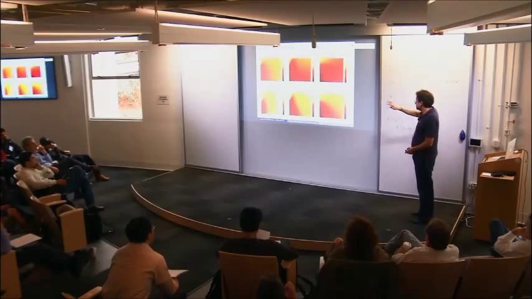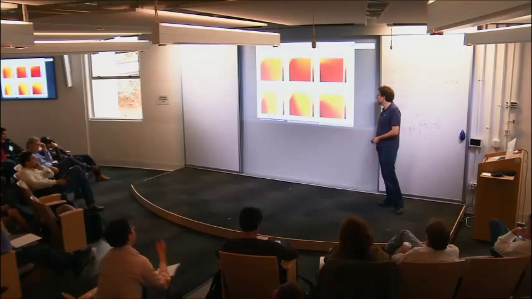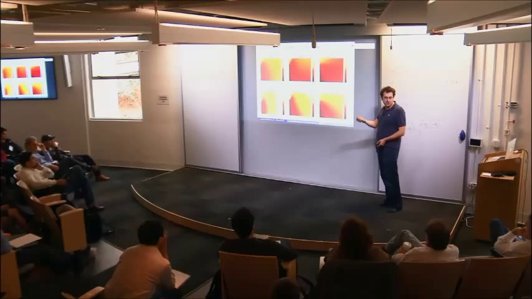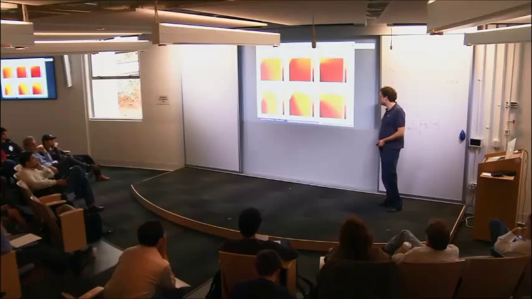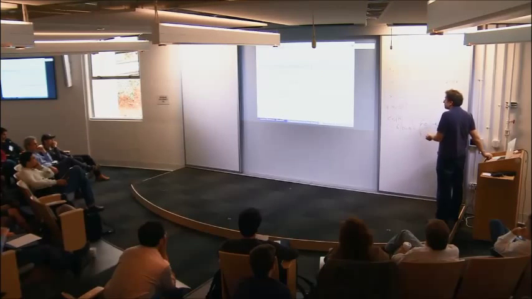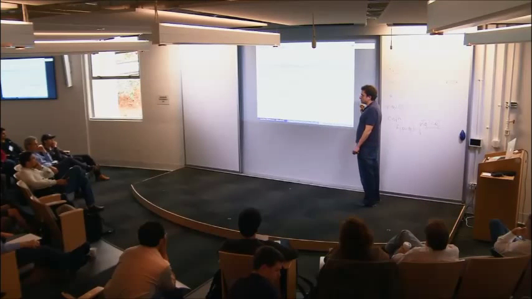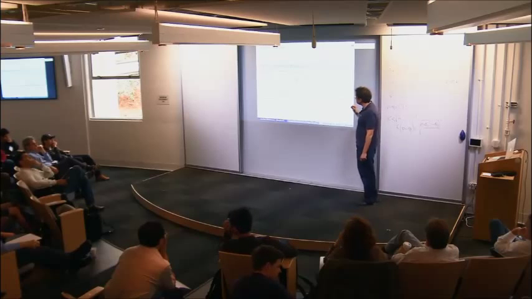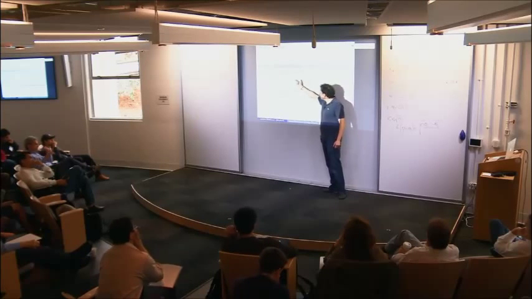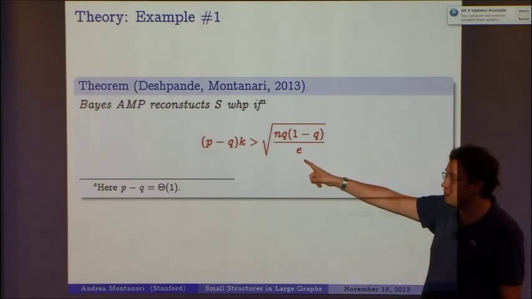Okay. So from this, there is an explicit formula for these plots here, but I want to pull out a few things that you can learn using this formula. This is in this paper with Yash. If you use this Bayes optimal nonlinearity, you can prove that you can reconstruct the set S for p minus q of order 1 as soon as p minus q is bigger than square root of n q(1 minus q) over e.